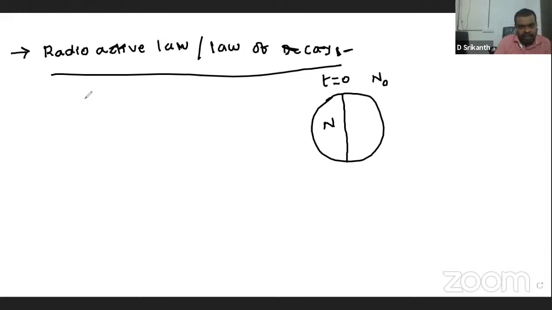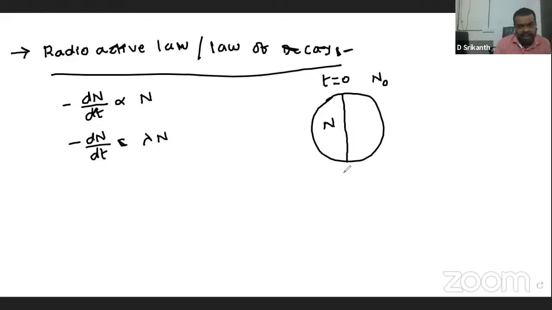N is the number of nucleons remaining in the nucleus. So the rate of change of number of nucleons is decreasing. Minus dN by dt is proportional to N, directly proportional to N. In order to remove this proportionality, we keep a constant, lambda.